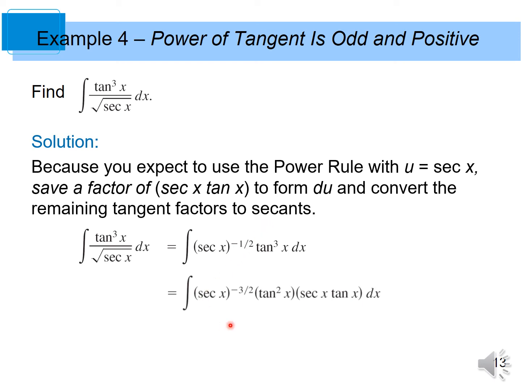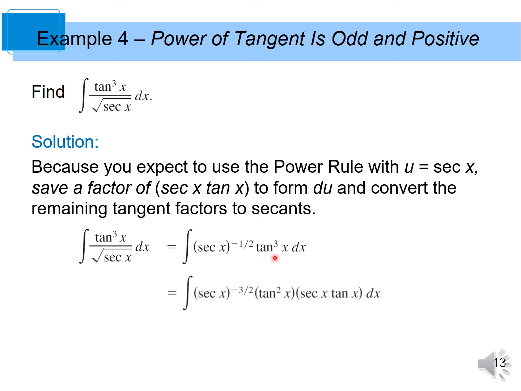We use the second rule on page 11. Second rule, we break the secant x power to the negative half into secant x power to the m minus 1 times secant x. Refer to the second rule.